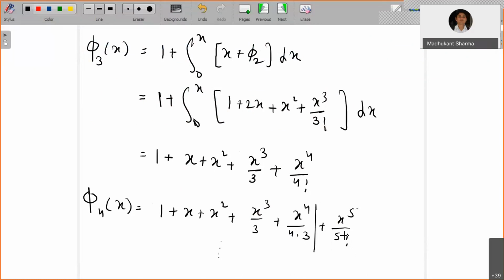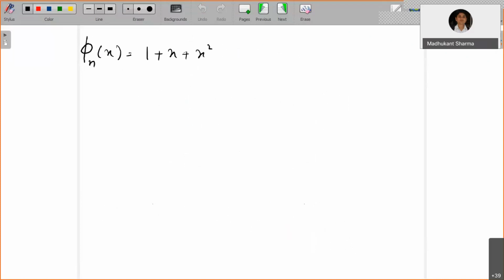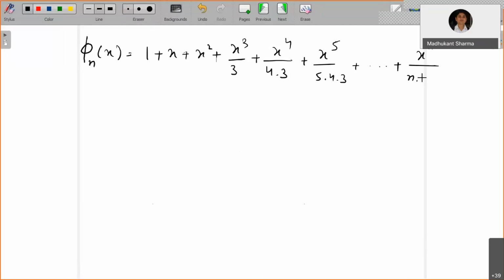So what will be the nth approximation phi n of x? It is going to be 1 plus x square plus x cube by 3 plus x power 4 by 4 into 3 plus x power 5 by 5 into 4 into 3, and so on, plus x to the power n by n into (n minus 1) down to 3, plus x to the power n plus 1 by n plus 1 factorial.